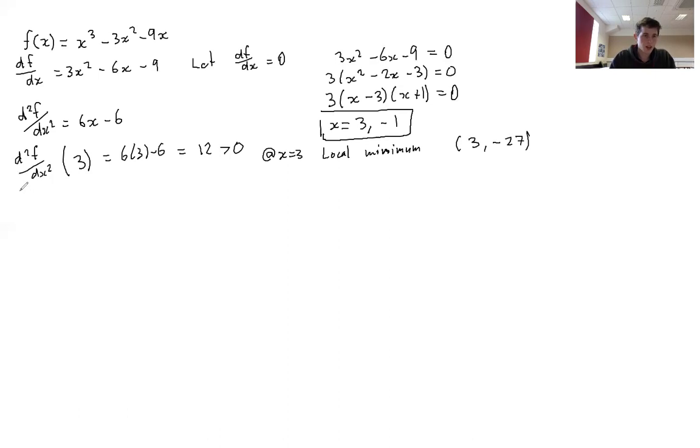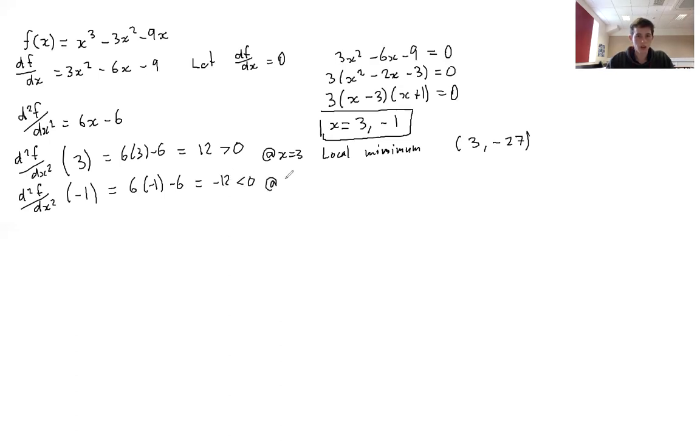And then if we go ahead and evaluate the second derivative at our second x value, plugging in -1 for x, we get -12, which is less than 0.